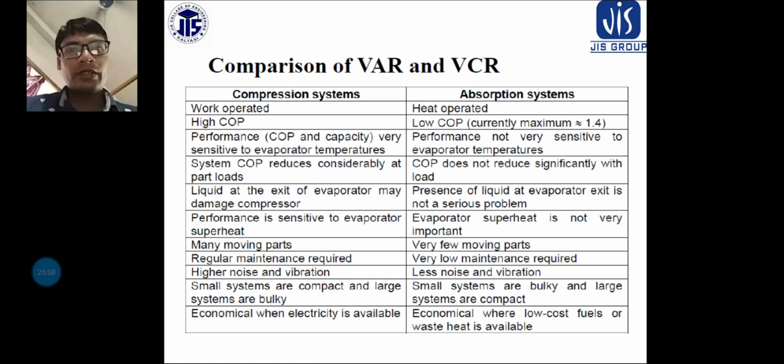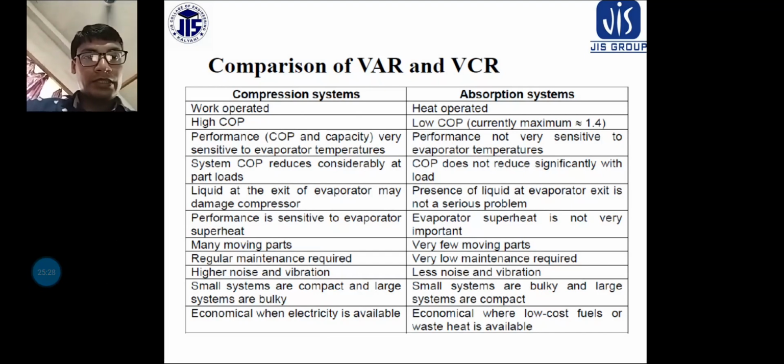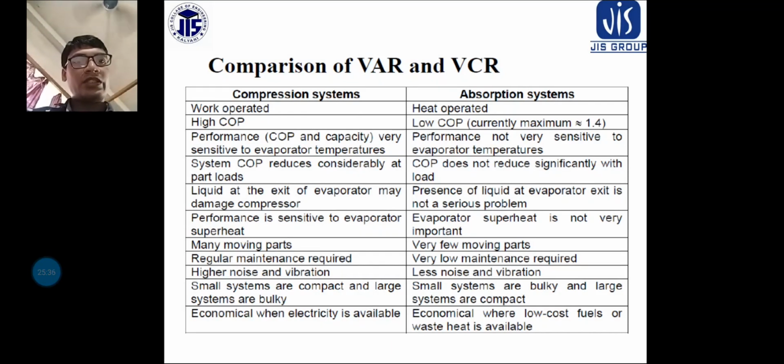Okay, next point, many moving parts, because there we are using compressor, condenser, expansion valve, evaporator. But in case of the vapor absorption system, we observe that very few moving parts are there.